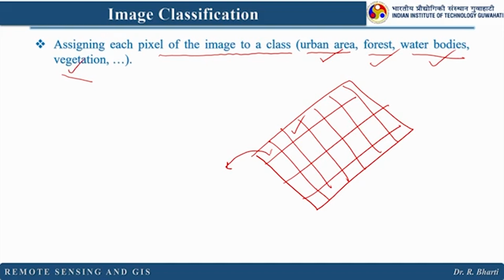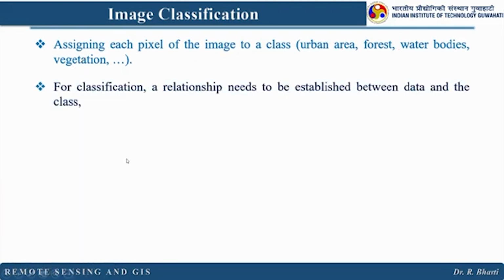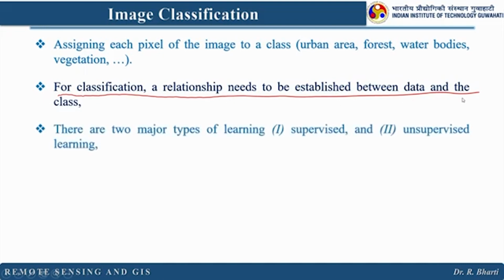Here we need to establish a relationship between digital number and the classes, and that relationship will be used to classify or to assign each pixel of this image to a class. So this is what I have highlighted in the second point: for classification, a relationship needs to be established between data and the class.